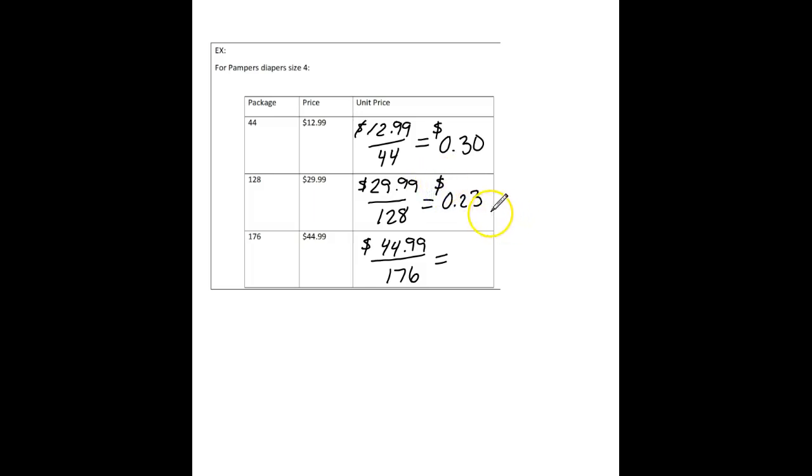We might want to remember that it's 234 just in case. And our last one, when we divide, we get 0.255, so this would actually be 0.26 per diaper.